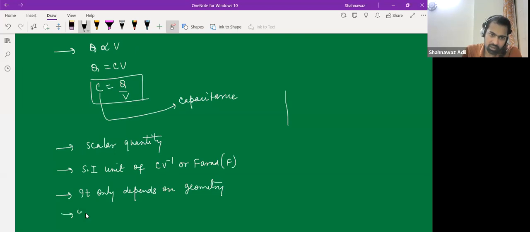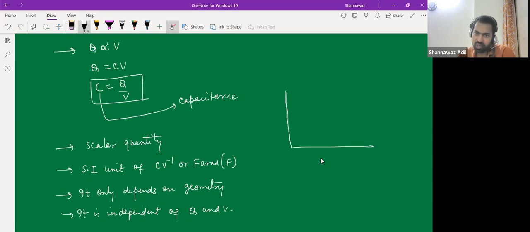It is independent of Q and V. So if we have a graph of volt and Q, this would be a constant graph. So Q by V would be constant.